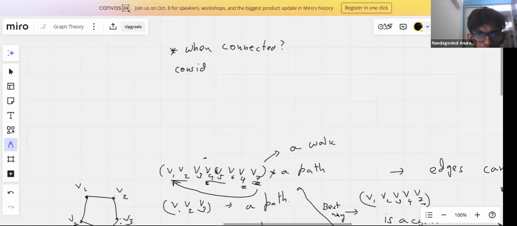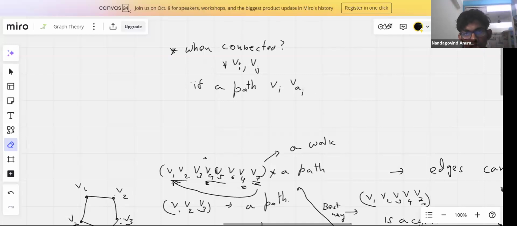Consider Vi, Vj: for all Vi, Vj, if a path Vi, Va1, Va2, till Vj exists, it should start at i, end at j, and can have as many elements as you like, then that implies connected.